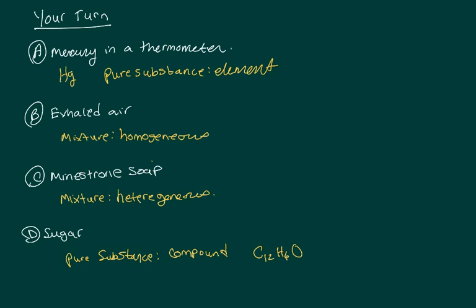And you can see that it has carbon, hydrogen, and oxygen, but it is in repeating units. So it is a compound. The carbon, hydrogen, and oxygen are bonded to each other in a certain ratio, and then they repeat in units, and that is our definition of a compound.